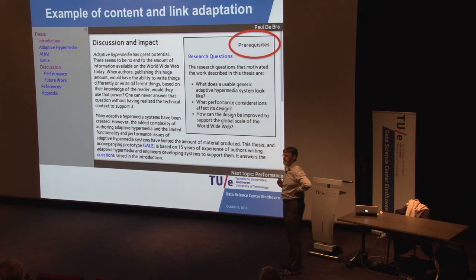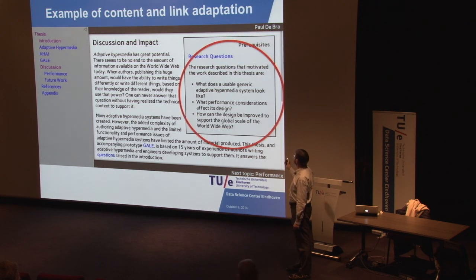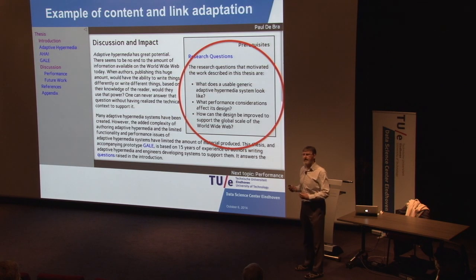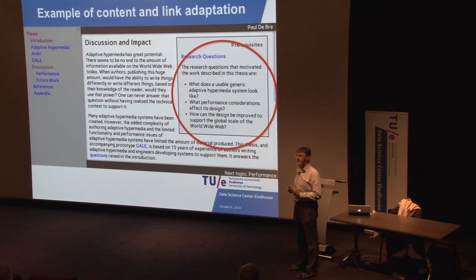Now, something that every PhD thesis has in common is that it poses research questions. And you cannot understand the discussion if you don't know what the research questions are. So there's a prerequisite that says the research questions are a prerequisite for the discussion. But it's not a very serious prerequisite, so we're not locking you out from looking at the discussion, but we have this inset that describes the research questions, something like a sidebar that you often see in magazines.